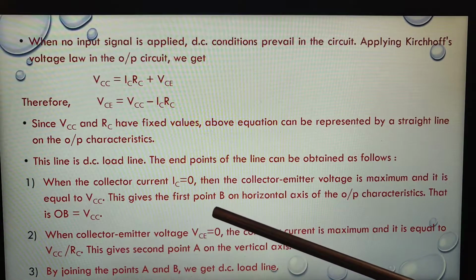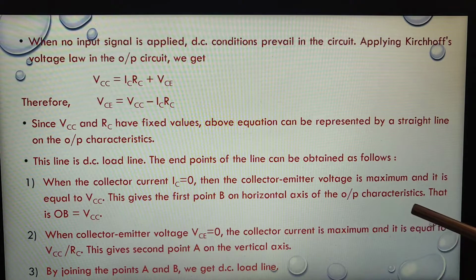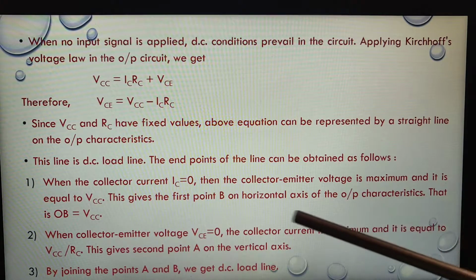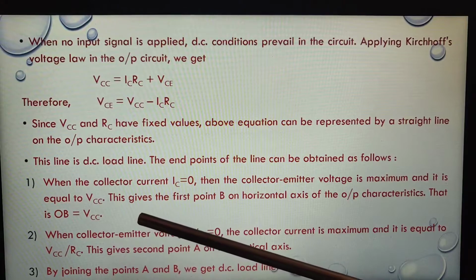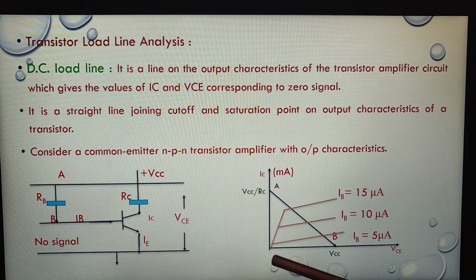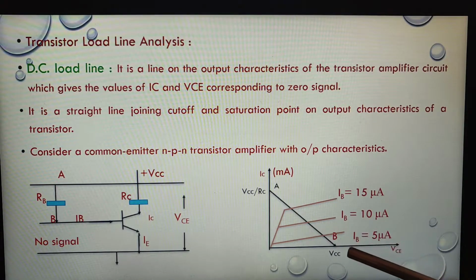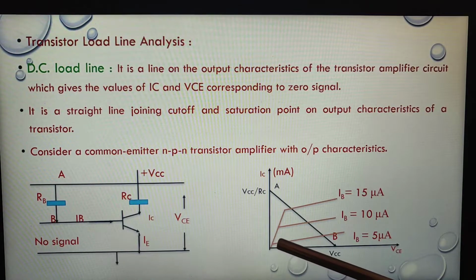This gives the first point B on the horizontal axis of the output characteristics, that is OB equal to VCC. So here this is origin O and this point B. So this OB equal to VCC. That means VCE becomes equal to VCC when IC equal to 0.